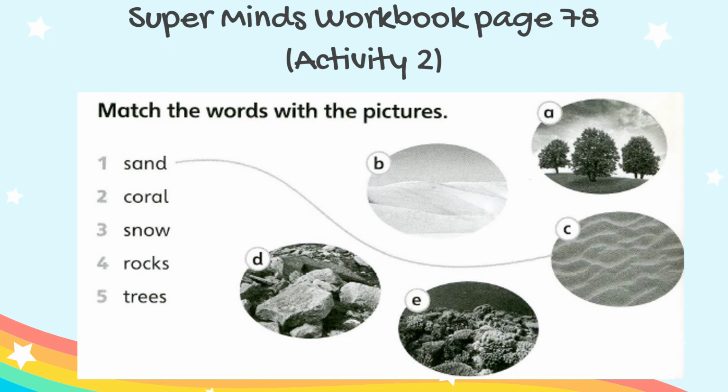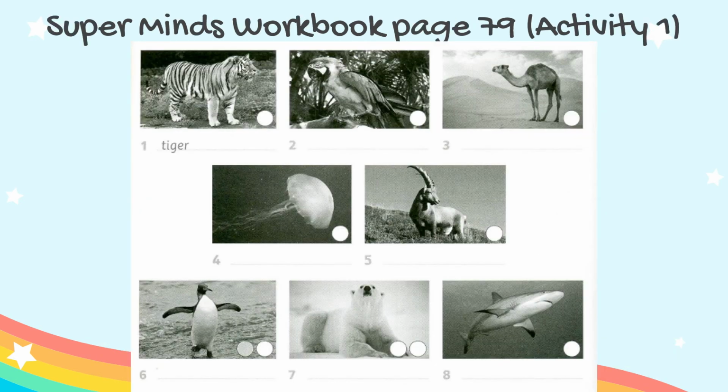For activity 2, match the words with the pictures. On page 79, activity 1, write the words. And the last activity, which is activity 2, you are required to color the circles in the picture in activity 1.